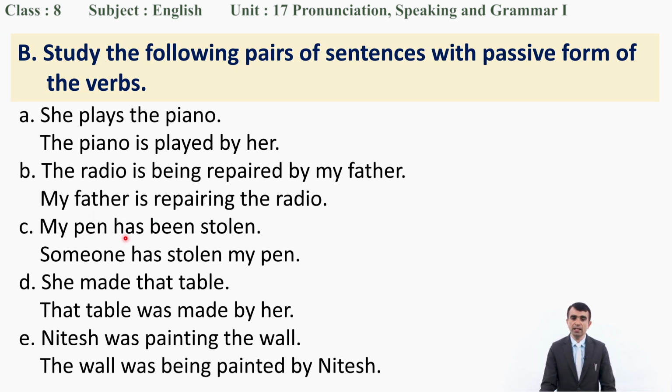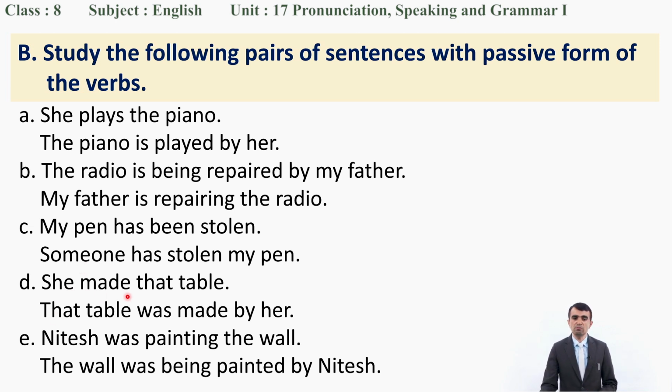Next, my pen has been stolen. There is no by plus agent. So when the agent is not specific, you can write someone, people, or they as subject. So what is written here? Someone. Someone has stolen my pen.